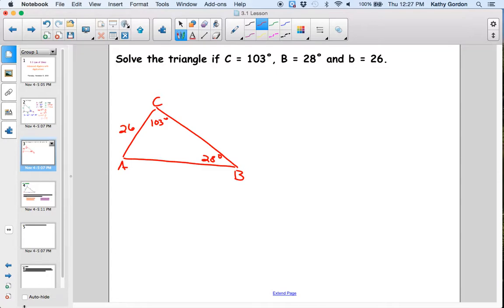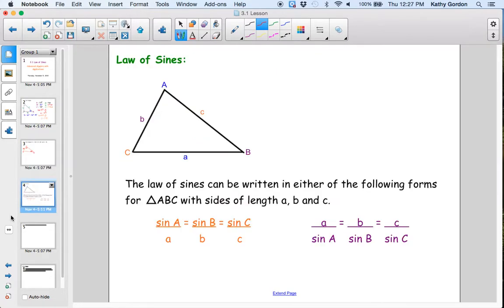Okay? And that's where we come to kind of what Schaefer was talking about, if you heard what he said in suggesting one way to figure out our C side on the last problem. What he was basically explaining is what's called the law of sines. And the law of sines says if we have a triangle with our three angles and our three sides, and the sides are across from the angles and all that good stuff, then there's a ratio that we can set up between the sine of the angle and the length of the opposite side.